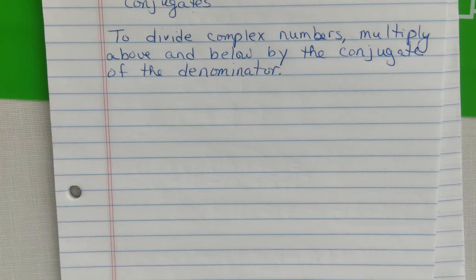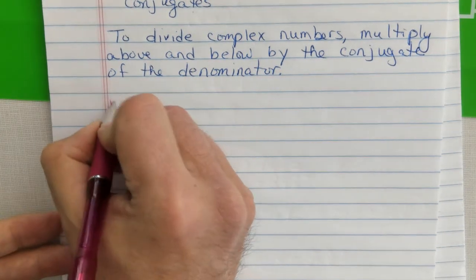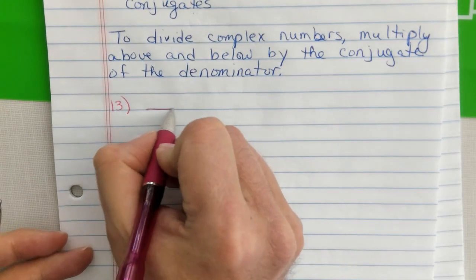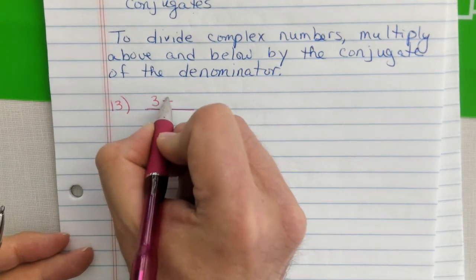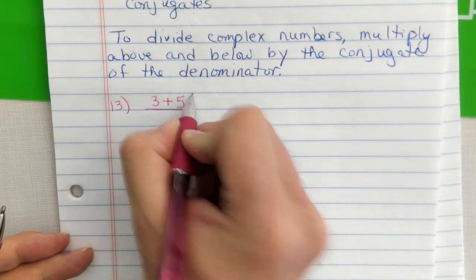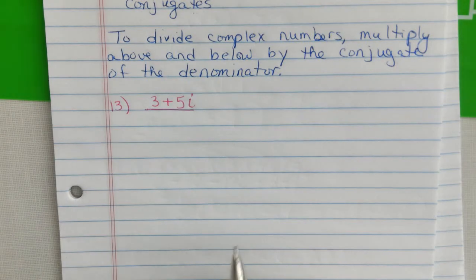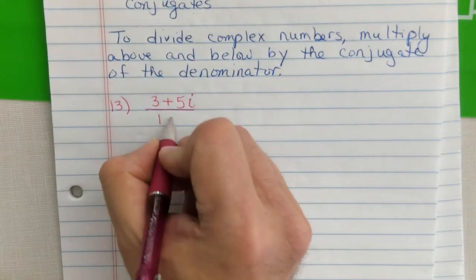So let's look back at that problem and let me write it down. This is problem number 13. 3 plus 5i divided by 1 plus i.